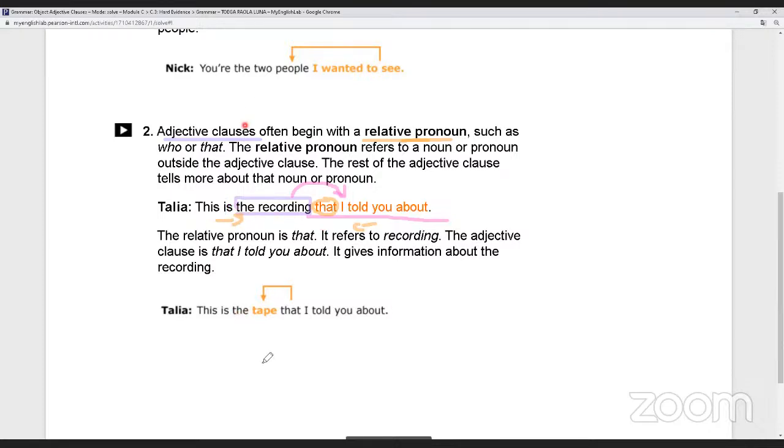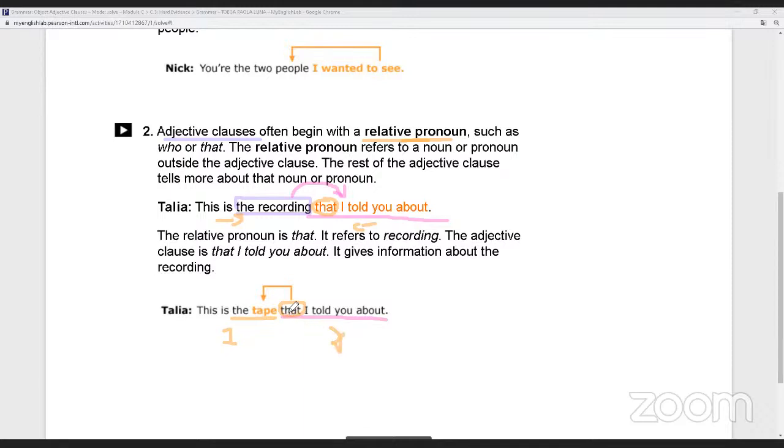Let's take another one. This is the tape. Okay, I'm going to identify the object, the tape. Then I'm going to identify my adjective clause, that I told you about. Inside of my adjective clause, I'm going to find the relative pronoun. So the relative pronoun is a connector, connecting the first clause with the second one.